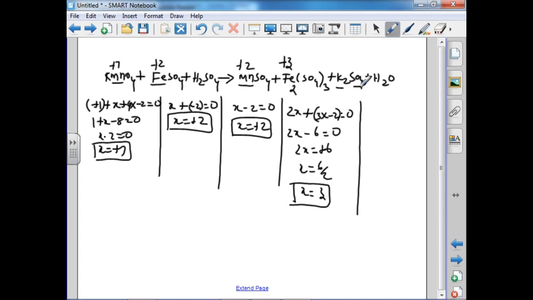Next we are going to write the two half reactions. One is the oxidation half, the second one is the reduction half.